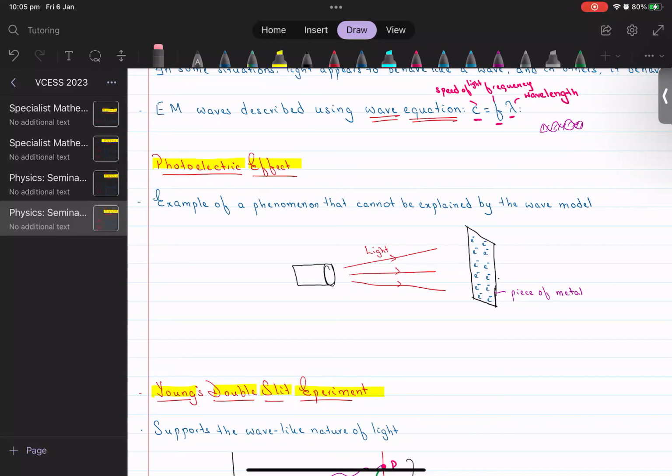It's a common myth that he won the Nobel Prize for special relativity, but that's wrong. He actually won it for this photoelectric effect because it really revolutionized the way physicists at the time viewed quantum mechanics, quantum physics. So the photoelectric effect is an example of a phenomenon that cannot be explained by the wave model. Okay, so what does that mean?